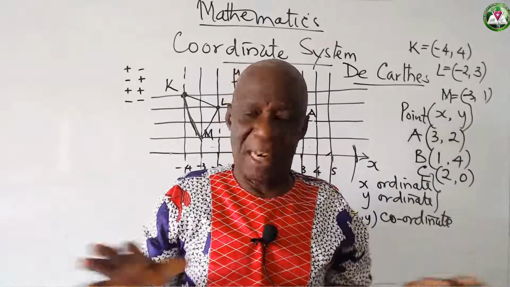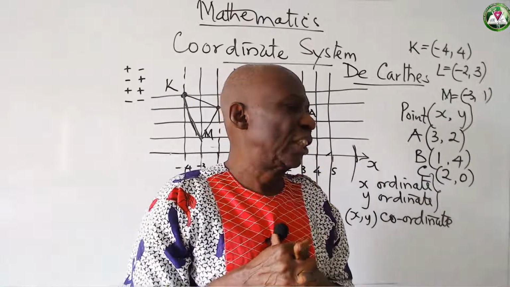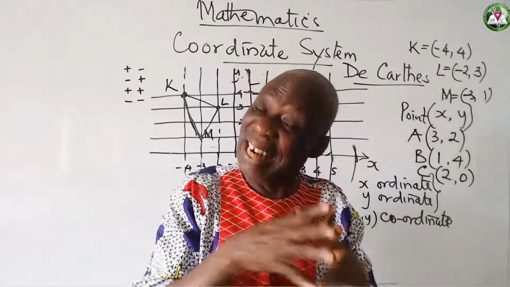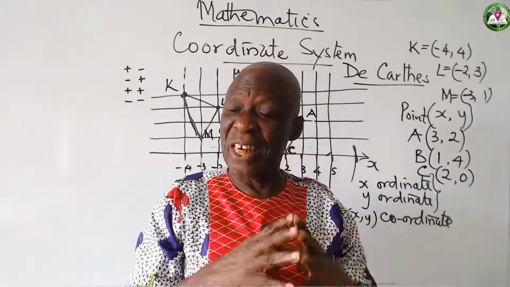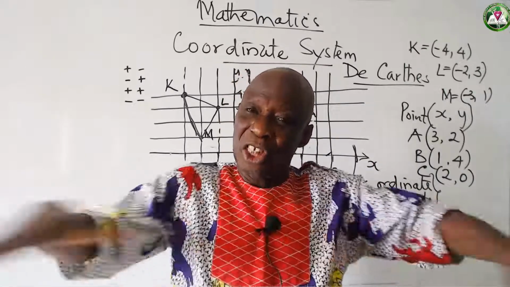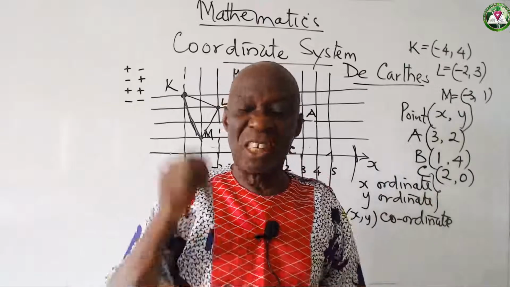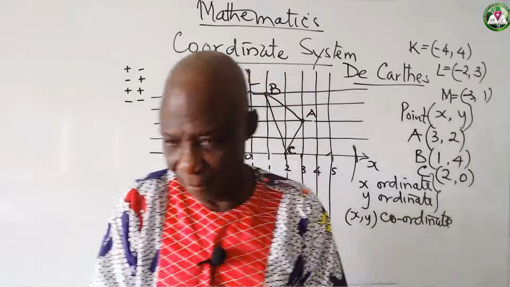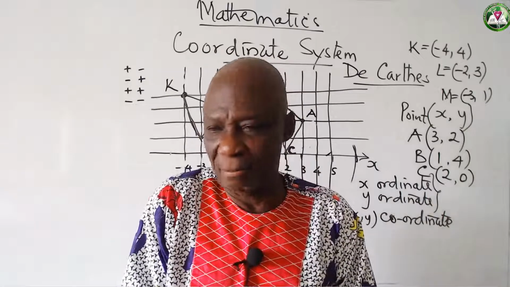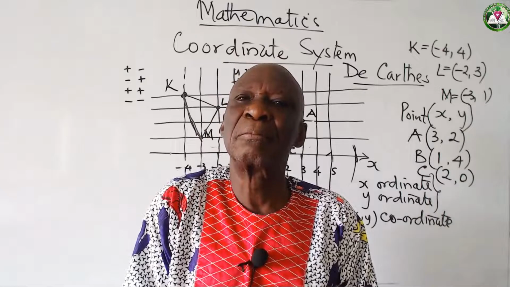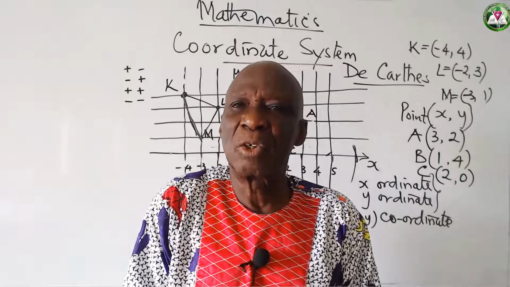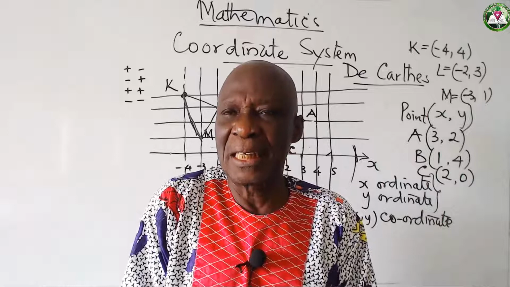Then we talked about a number line. We say the number line is a straight line again, not a curved line. A straight line that will either be lying horizontally or lying vertically, but on it are written numbers from a point, which we call the starting point, and then you number them positively and negatively.